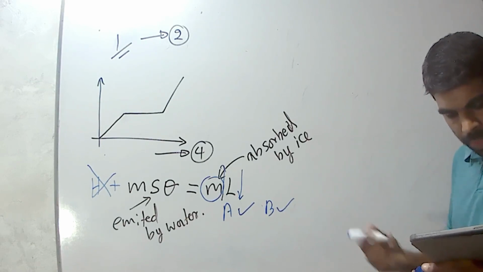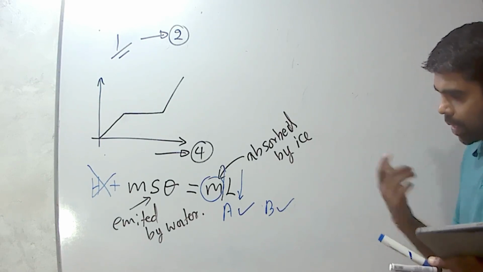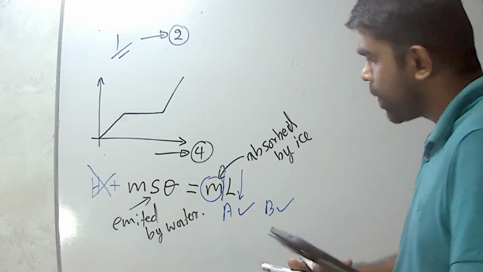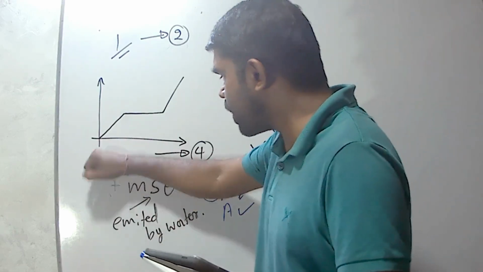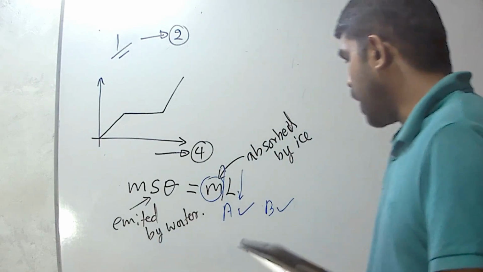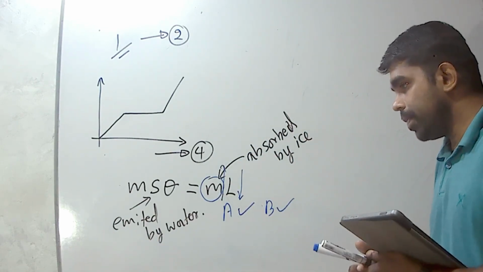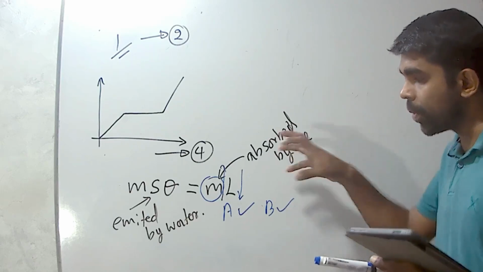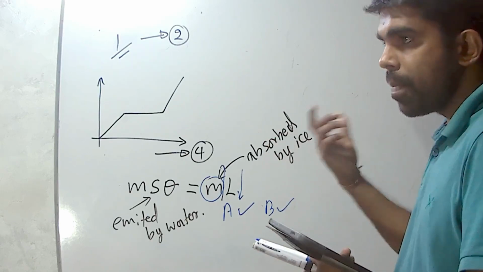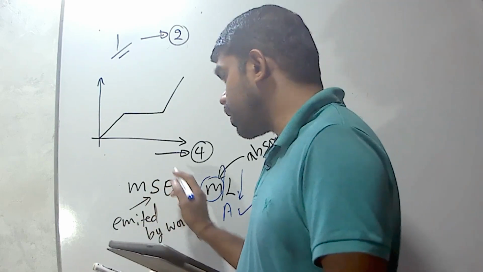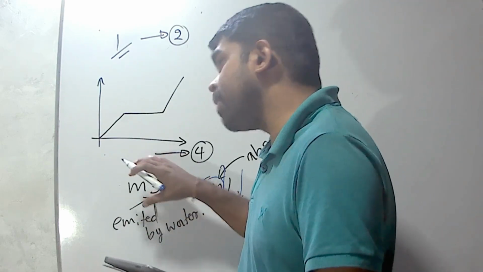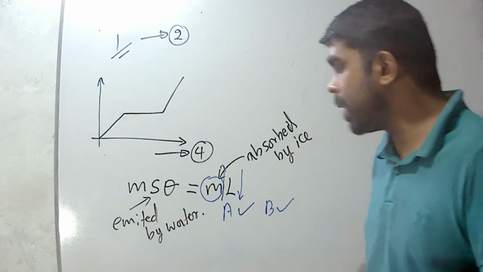Part C, due to the formation of mist. We know that if there is a formation of mist, there is heat energy given to the calorimeter and water system by the mist.